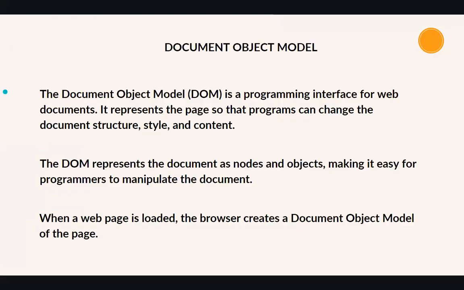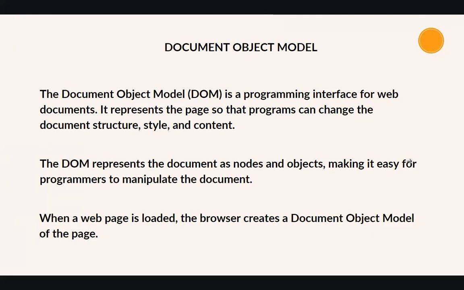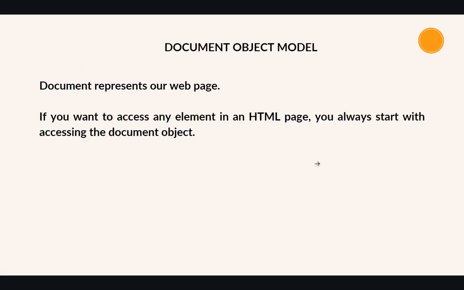So when we open it in a browser, what we see is a representation of it, so we can take advantage of that and do stuff with it. When our page is loaded, the browser creates a document of our application. The document is the parent, and everything we had inside our page comes as subtrees. Then we can select things and do stuff with them.